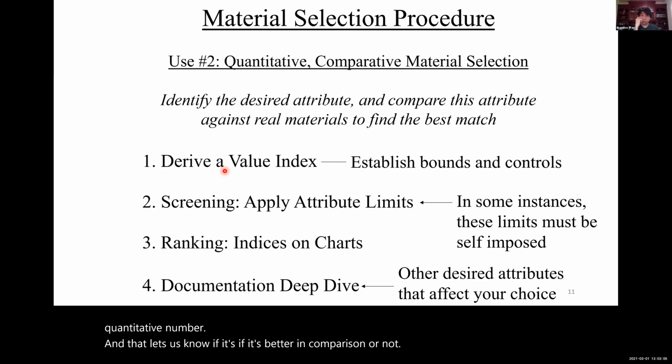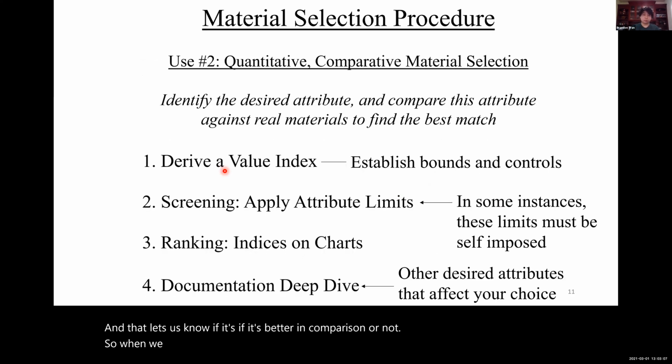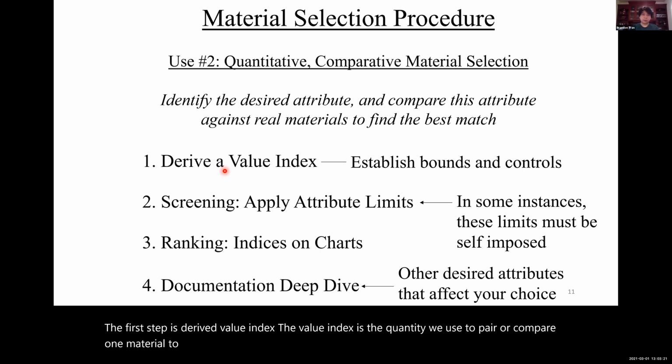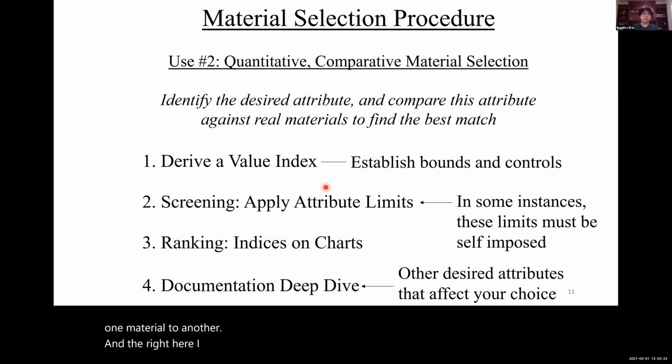So when we do quantitative analysis of Ashby plots, we usually follow these steps here. The first step is derive the value index. The value index is the quantity we use to pair or compare one material to another, right? And right here, I note that when you derive your value index, you also have to establish your bounds and controls.